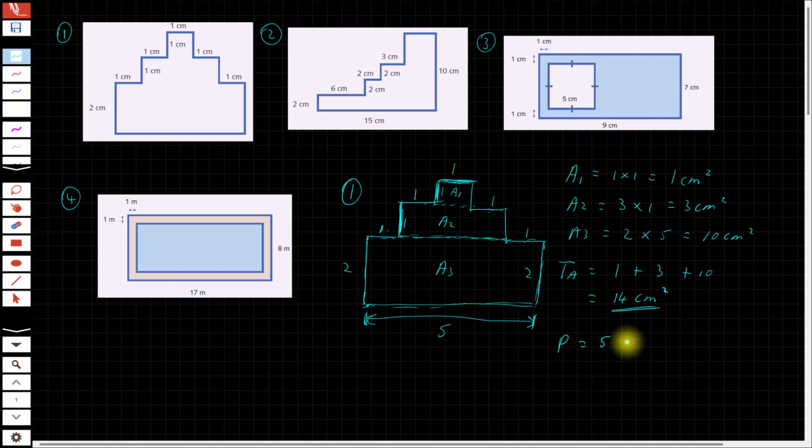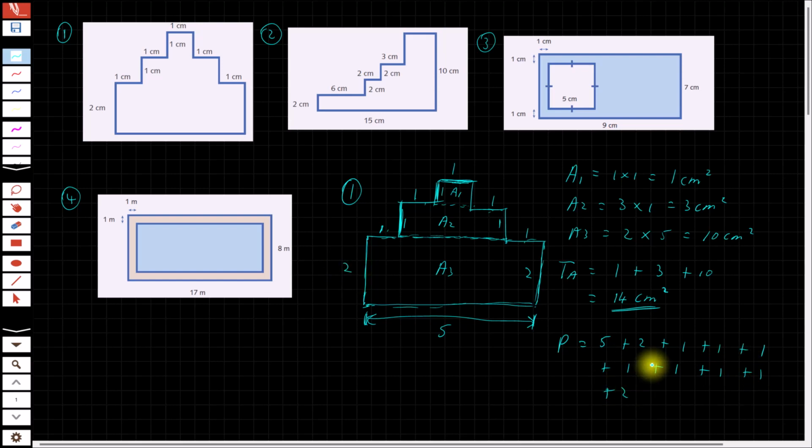So 5 plus 2 plus 1. We know this is 1 as well. Plus 1 plus 1 plus 1 plus 1 plus 1 plus 1 and 2 plus 2.